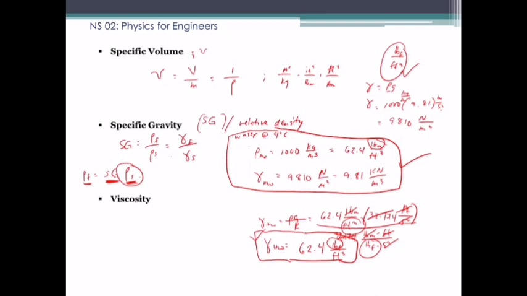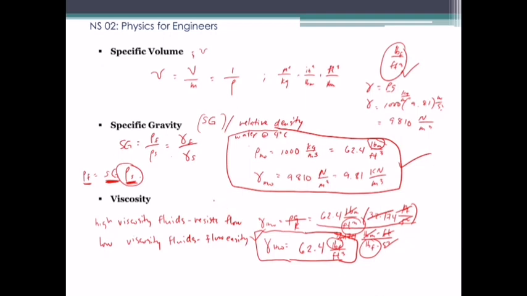High viscosity fluids resist flow, while low viscosity fluids, such as water, flow easily. Since high viscosity means large internal fluid friction, it resists flow.